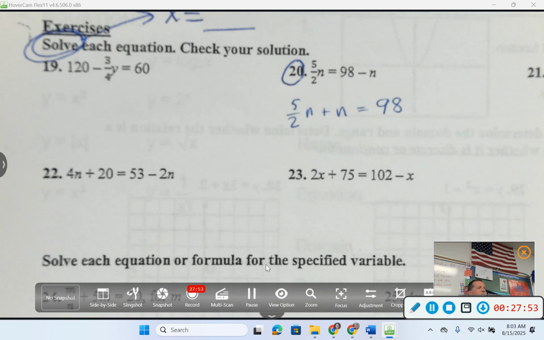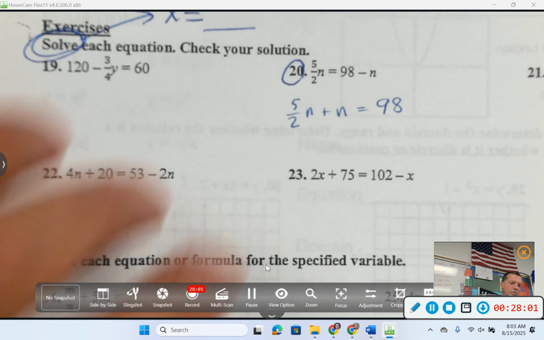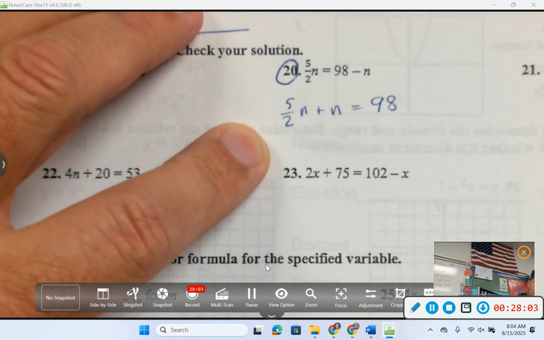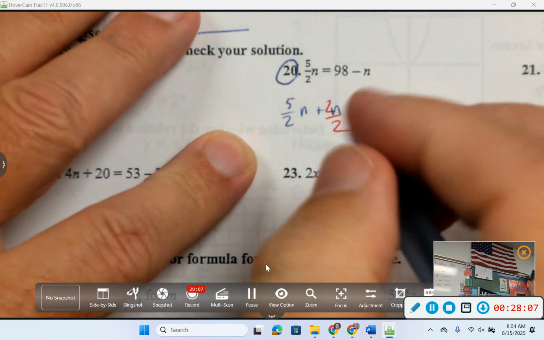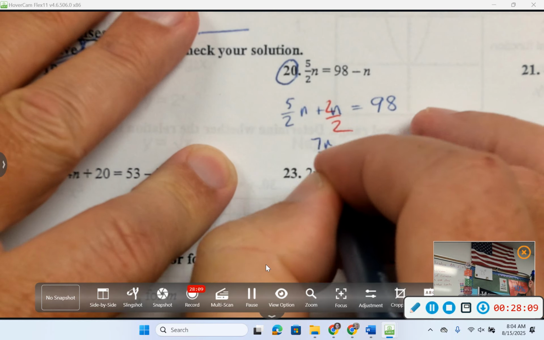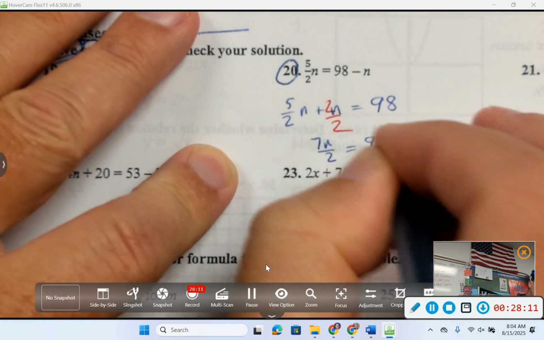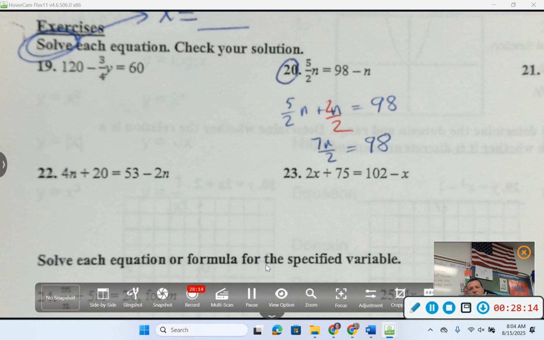Ooh, adding fractions, we did that yesterday. And of course, we still don't have calculators this unit, so we've got to be okay with simple things like adding fractions. Common denominator, 2/2. So 7n/2 equals 98.